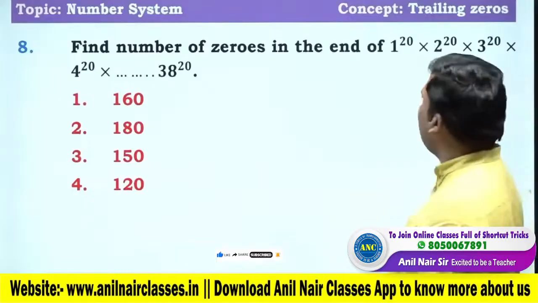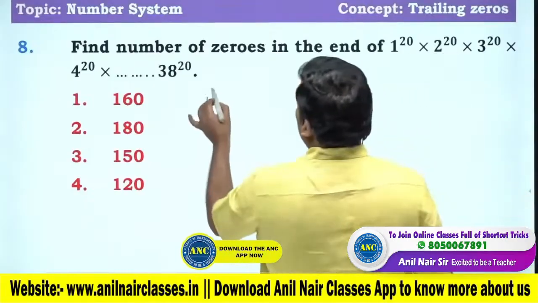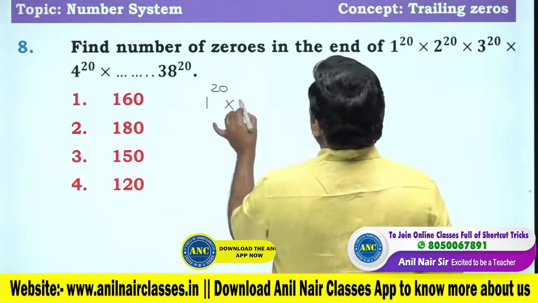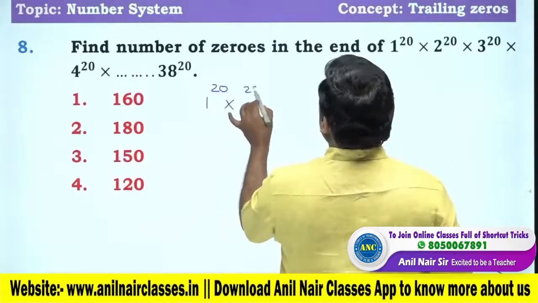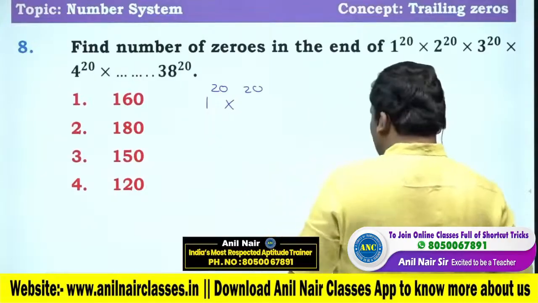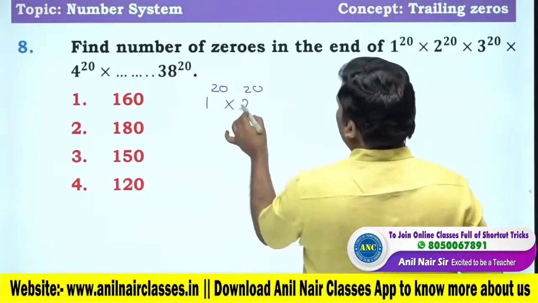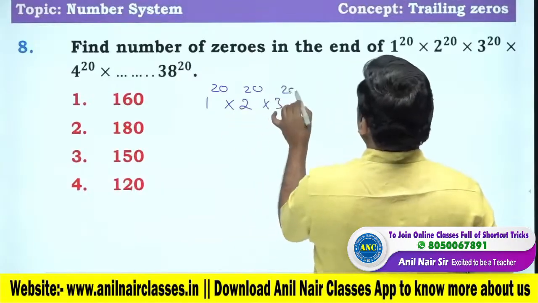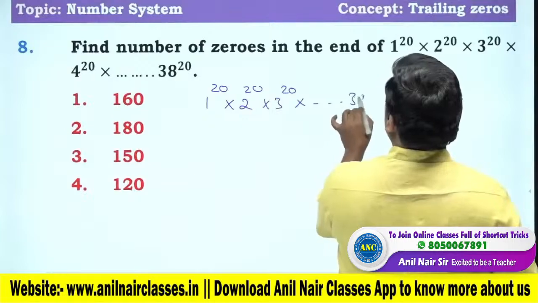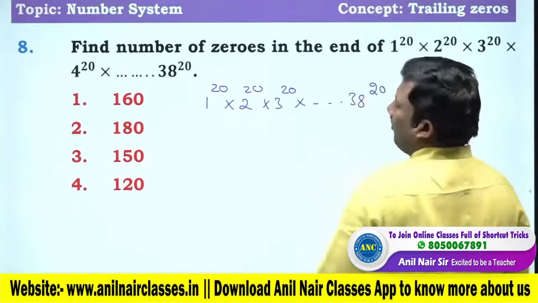The number of zeros at the end for 1 power 20 into 2 power 20 into 3 power 20 and so on up to 38 power 20.